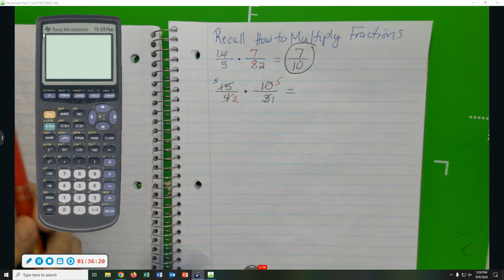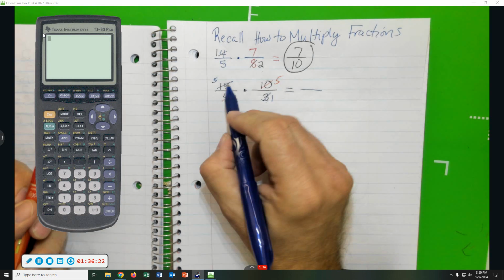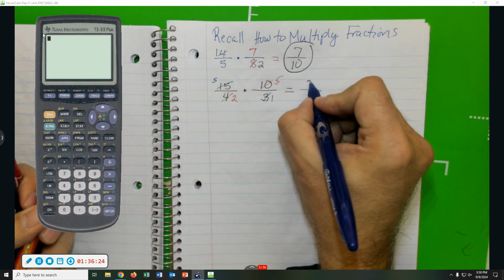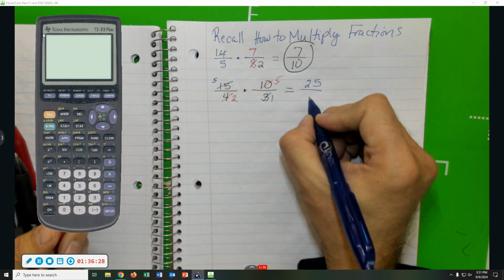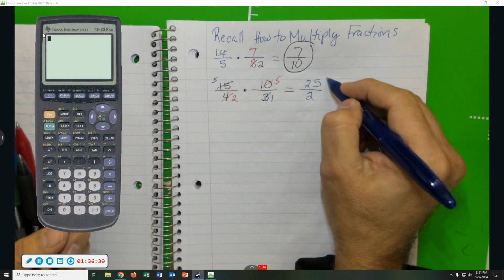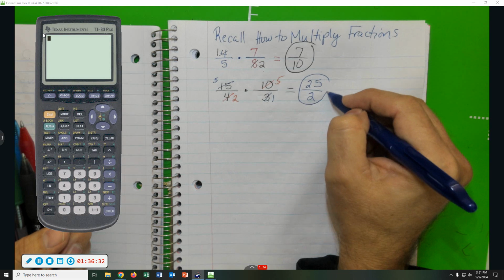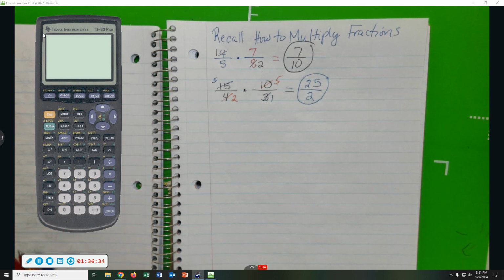Now multiplying straight across, 5 times 5 is 25. 2 times 1 is 2. You can cancel numerator with denominator, or denominator with numerator.